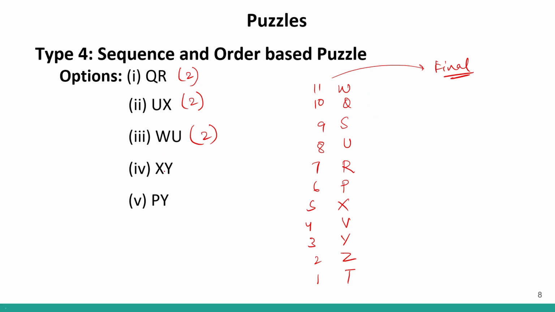X and Y have one person between them. And P and Y again have 2 people between them. So clearly X and Y is the one that is different because it has only one person between them, whereas in each other option, there are 2 people between the first element and the next. So the answer will be option number 4, X, Y.